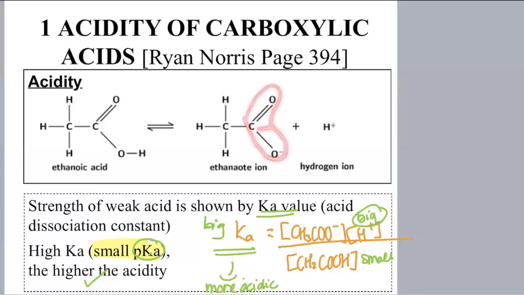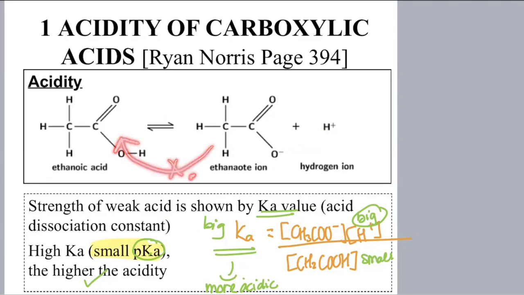Because it is not as concentrated, it does not attract the H plus much. When it doesn't attract the H plus much, the reverse doesn't happen a lot. I mean, it can still happen, but not a lot.